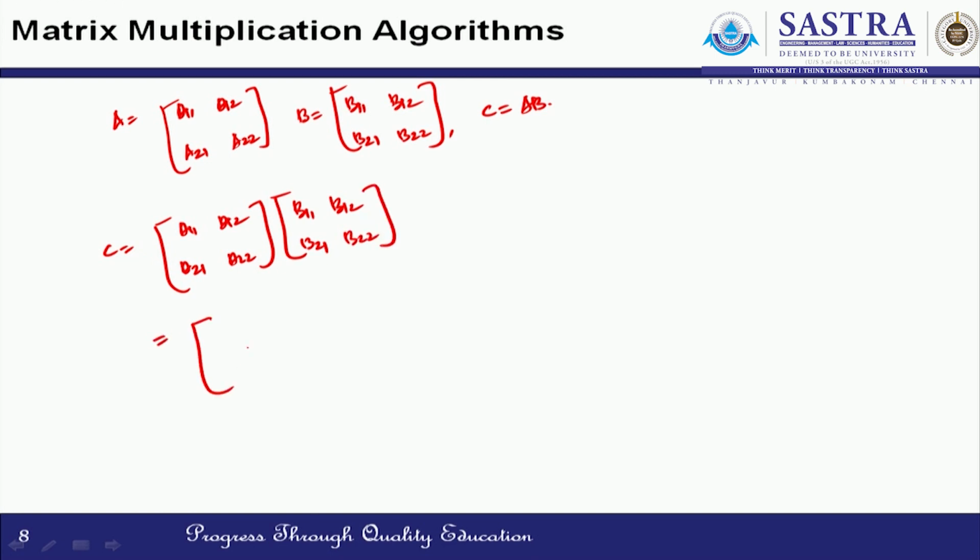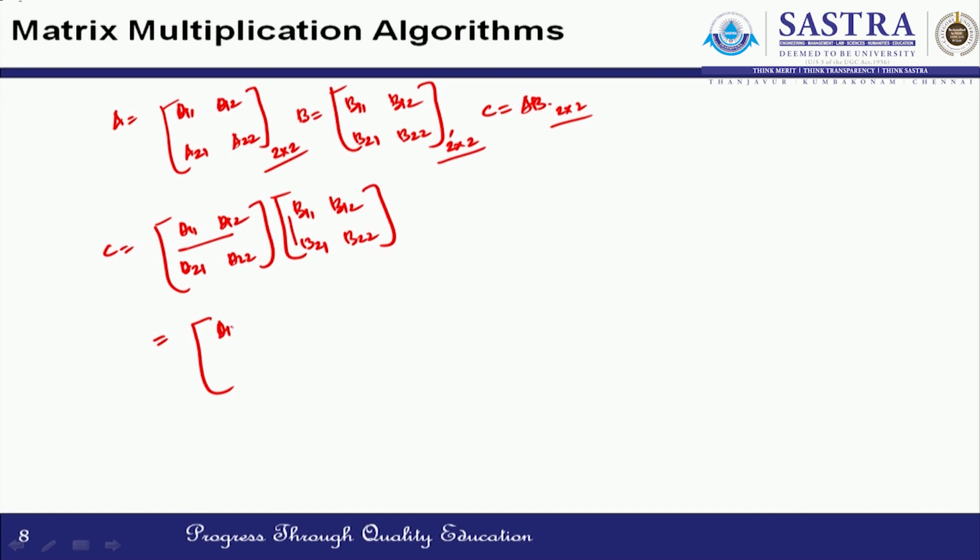In this case, when the input size is 2 by 2, matrix A is of order 2 by 2 and matrix B is also of order 2 by 2, then we can find the resultant matrix C of order 2 by 2 in such a way that C is equal to A star B.